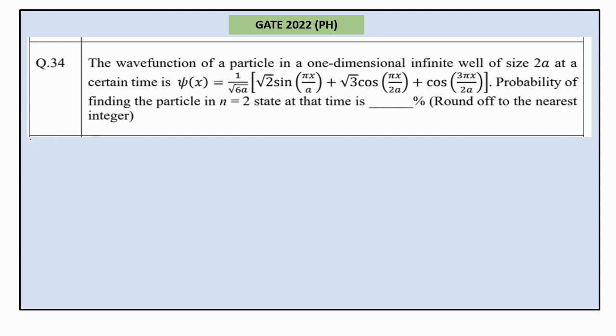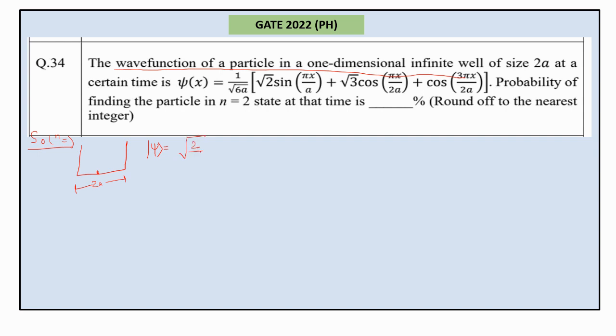Next question is from quantum mechanics. In this question, it is given the wave function of a particle in a 1D infinite well. 2a is the dimension of the infinite well, and the particle is here. Can any one of you tell me the form of the wave function for a one dimensional infinite well?